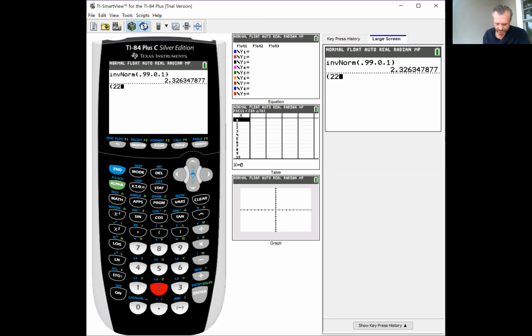So 22 divided by 52 minus 0.40. And then I'm going to divide that by the square root of 0.4 times 0.6 divided by 52.